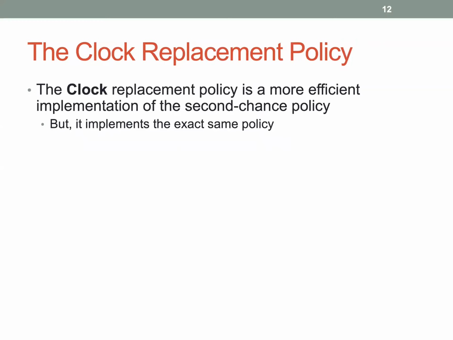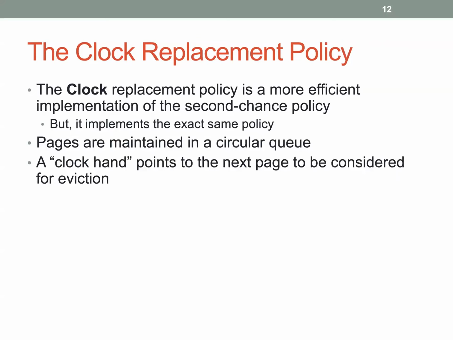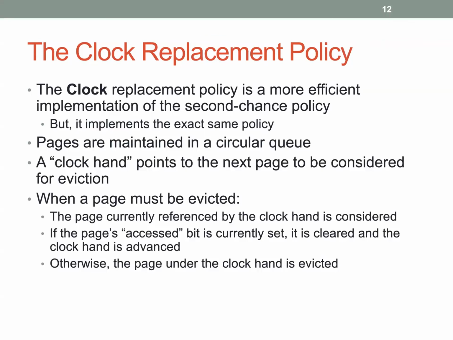Because you don't maintain that actual FIFO, you just have a clock hand that sort of is the front of your queue. So you maintain the pages in a circular queue, and you have a clock hand that points to the next page that you're considering for eviction. And so when it's time to evict a page, you look at the clock hand, you look at that page, and you look at its access bit.